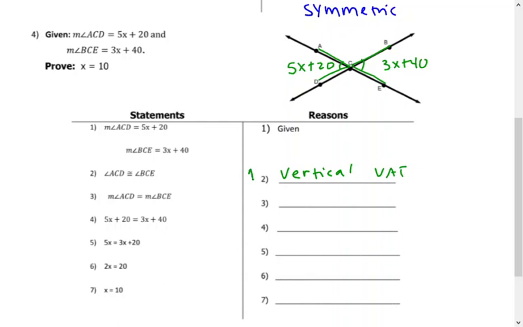Vertical angles are choice M on your sheet. Okay. If we're going from the angles being congruent to the measures being congruent and only changing the sign, we are using the definition of congruence. The definition of congruence is P on your page.